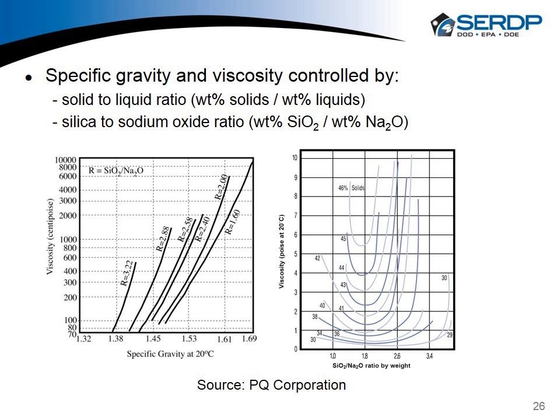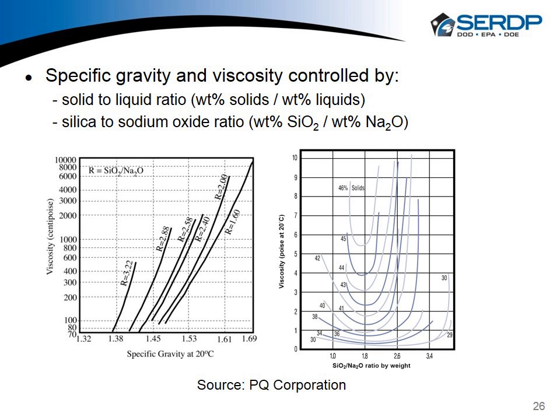Okay, so there are different types of silicate solutions depending on the silicate to alkali ratio. You see 2 graphs here. The source is the PQ Corporation website. On the left-hand side, you see viscosity change with respect to specific gravity, and there are different silicate solutions with changing silicate to alkali ratio. This graph on the left shows the sodium silicate solutions exhibit increased viscosity when water is removed.